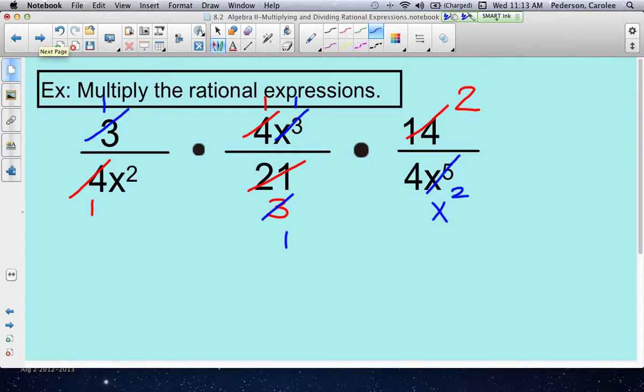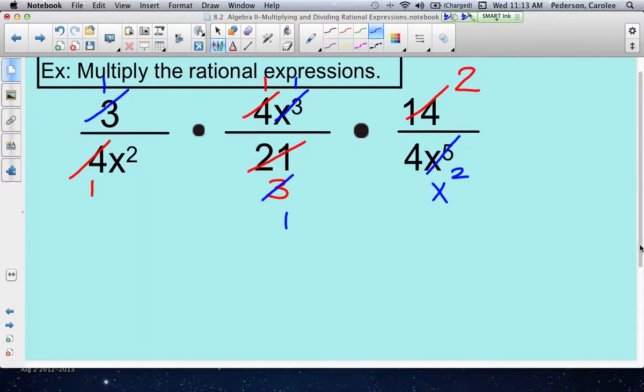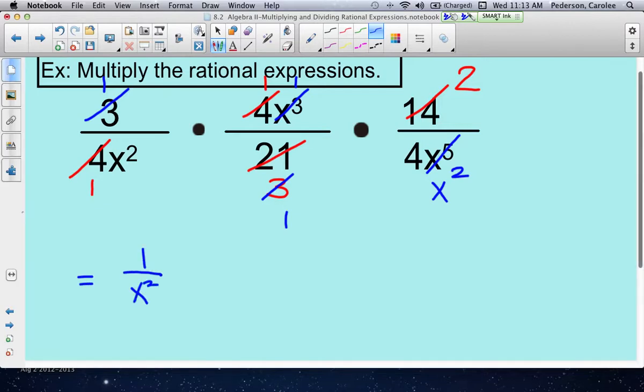Well, this is a pretty messy looking multiplication of fractions. So let's just rewrite what we have. We have 1 over 1x squared. We have 1 times 1 is 1 over 1. And then we have 2 over 4x squared.